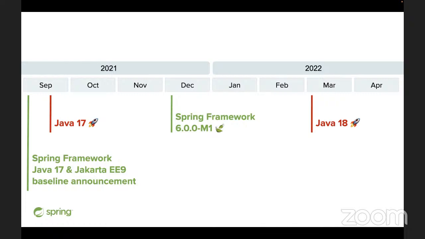If we look at last year when we announced that Java 17 would be the default for the next generation, Java 17 was out a few weeks after we did the announcement, so it was really close. Then we started to work on milestones, the first one in December last year. In the meantime, we already have Java 18.